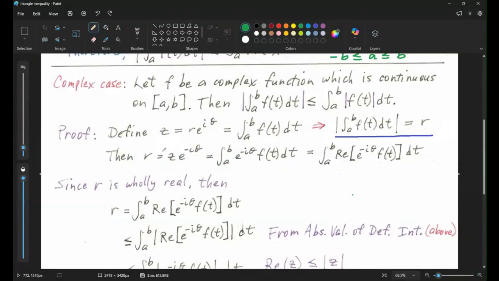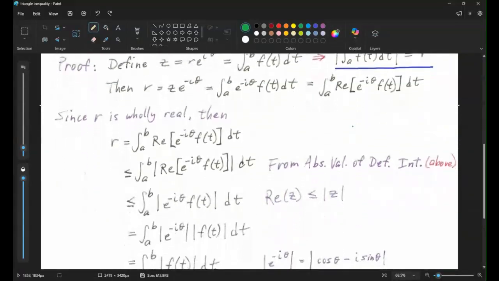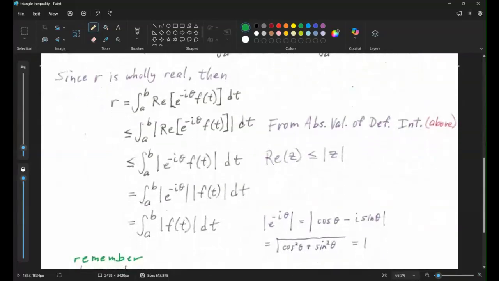Okay, where does this come from? Well, since r is real only, then the integral must be of only the real part of this complex number. And that's where we're going to start, that r equals the integral of the real part of the complex number. And from here, it's going to happen pretty fast.